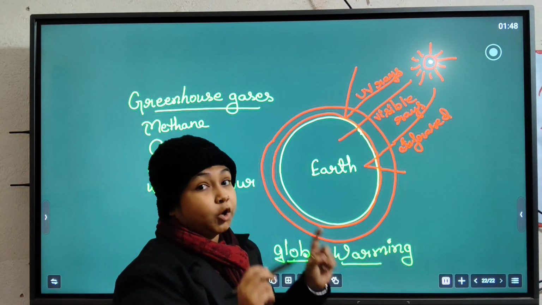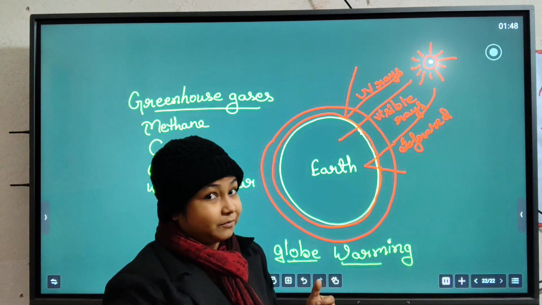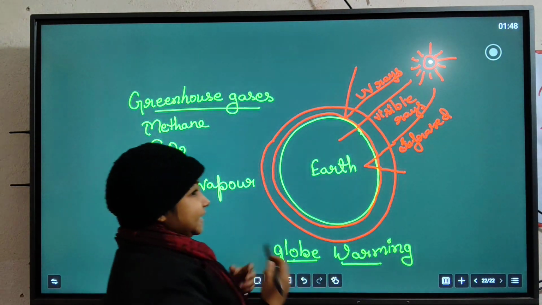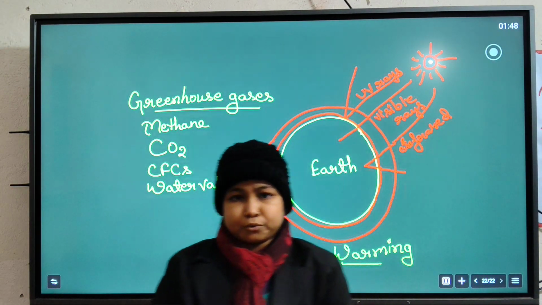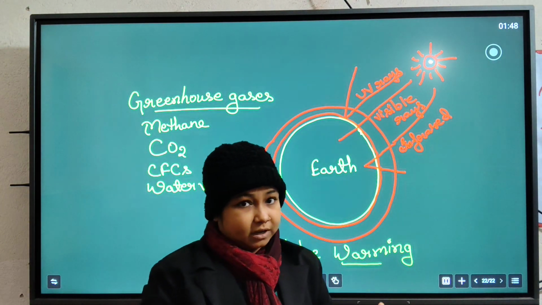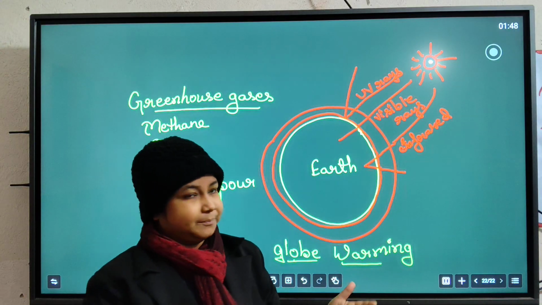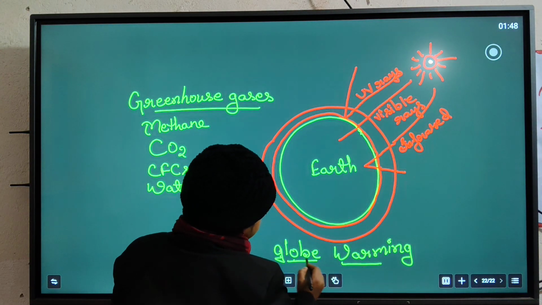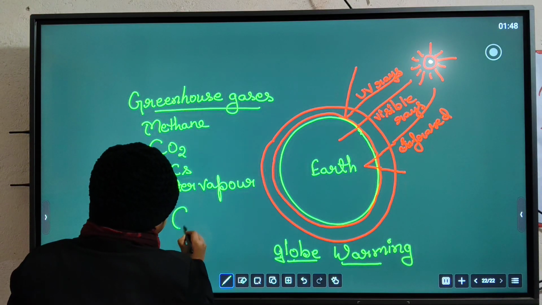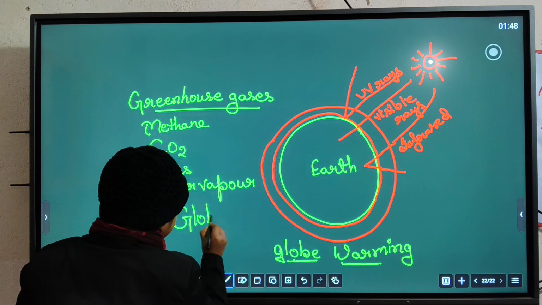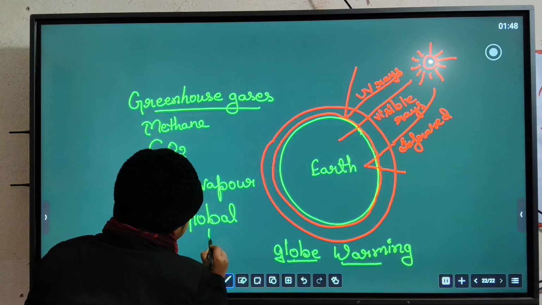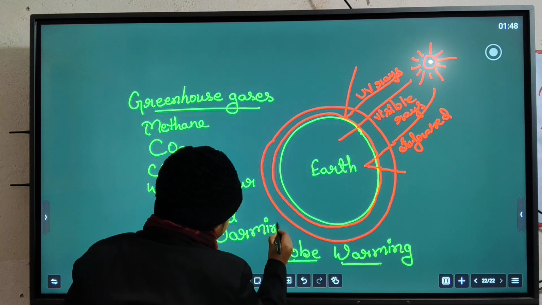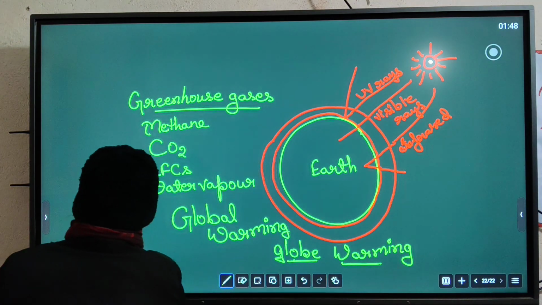That is what we have studied today. Global warming means heating of the earth due to unnatural ways. This is known as global warming, meaning warming of the globe.